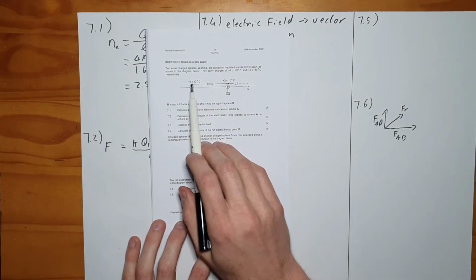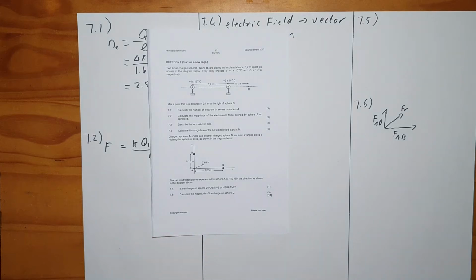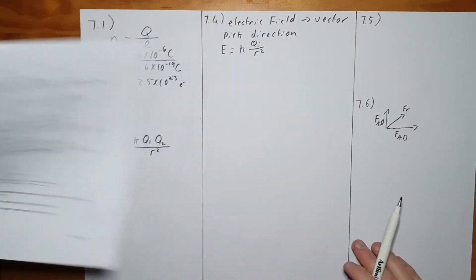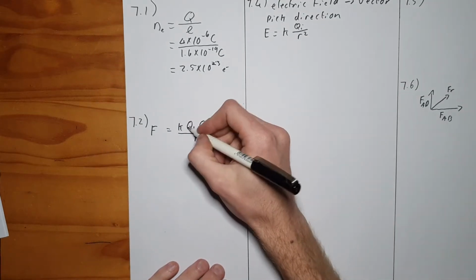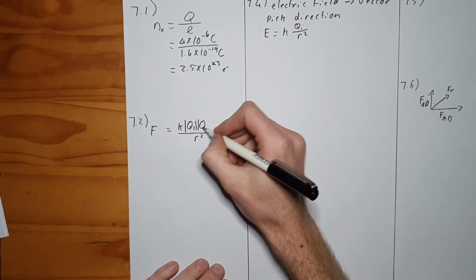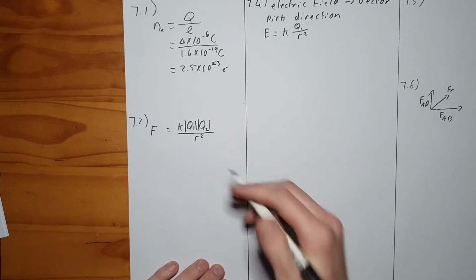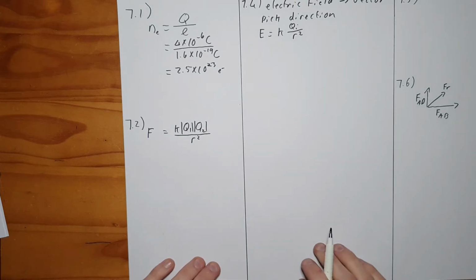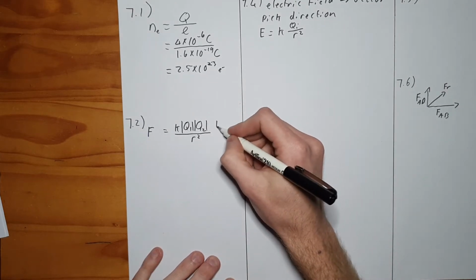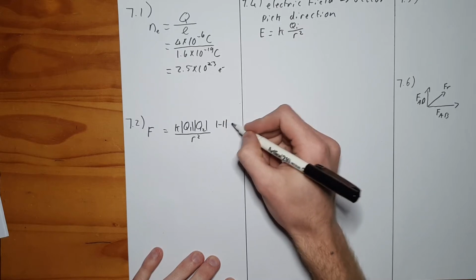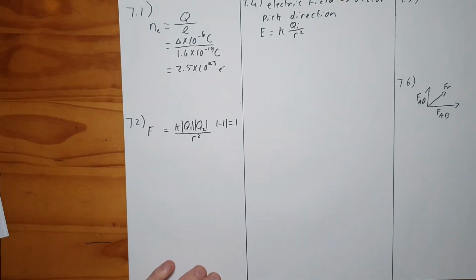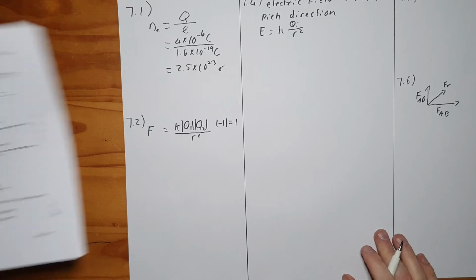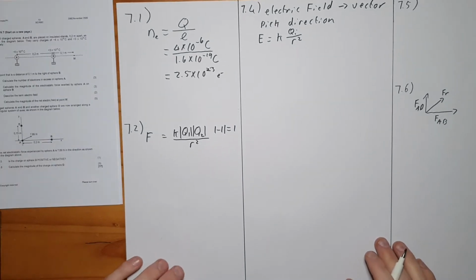We take the absolute value to get its magnitude. So the formula is K times the absolute value of Q1 times the absolute value of Q2 over r squared. If you don't remember, the absolute value of -1 or any number is just the positive version of that number.